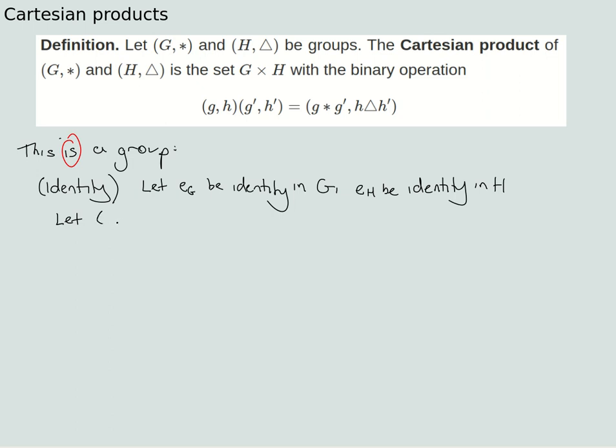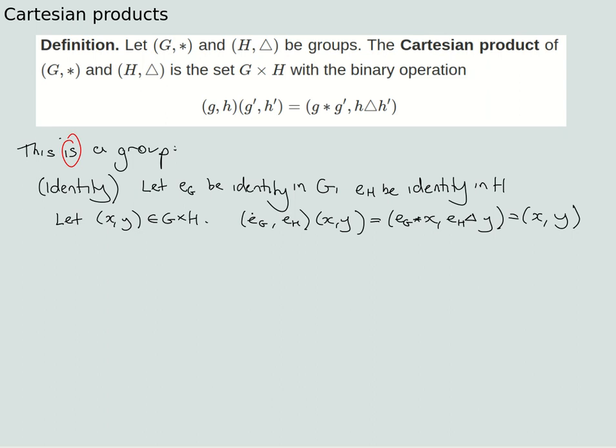I have to multiply it on either side of a typical element of G × H. So let's let (x, y) be an element of G × H. We're going to try (e_G, e_H) times (x, y), and of course using the definition of our binary operation on our set G × H, that's (e_G * x, e_H △ y), and of course e_G is the identity element in G, so e_G * x is just x again, and e_H is the identity element in H, so e_H △ y is just y again.